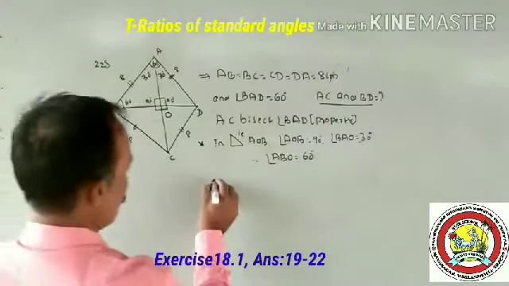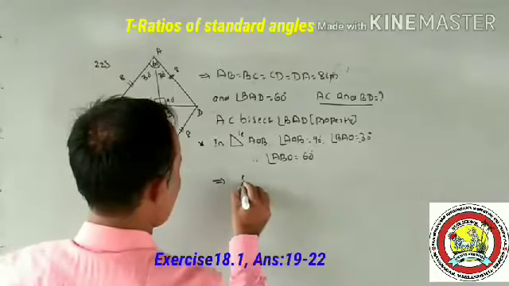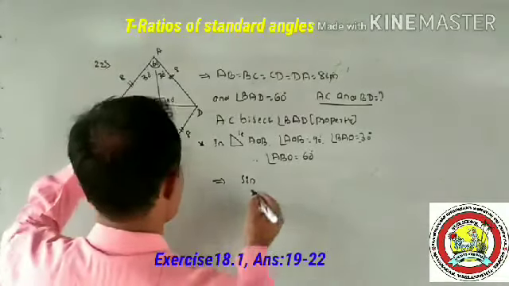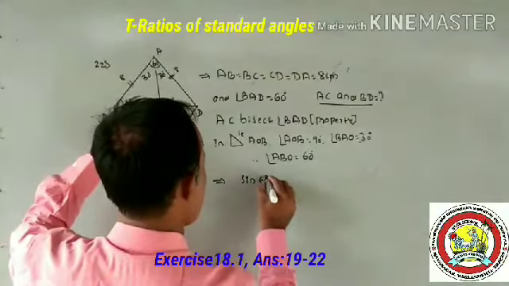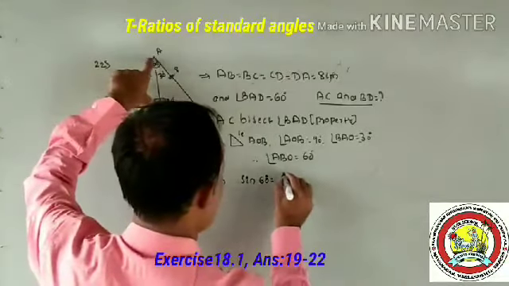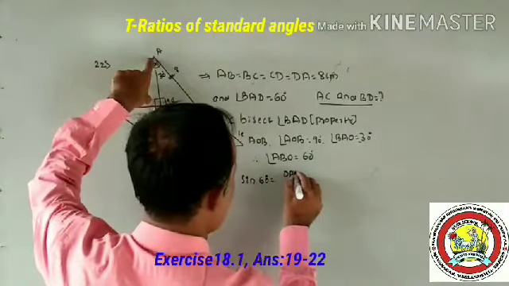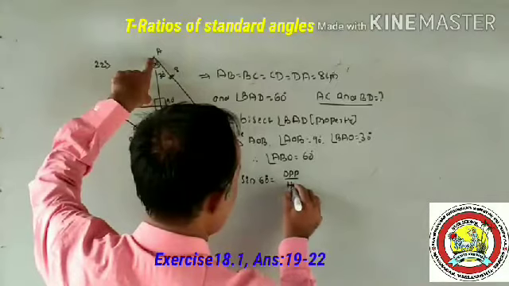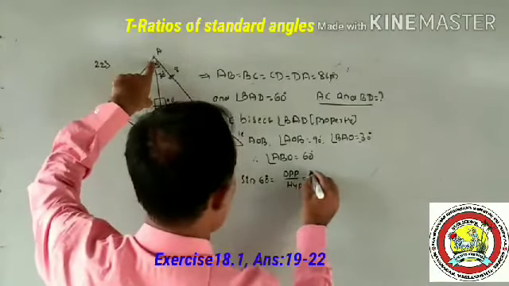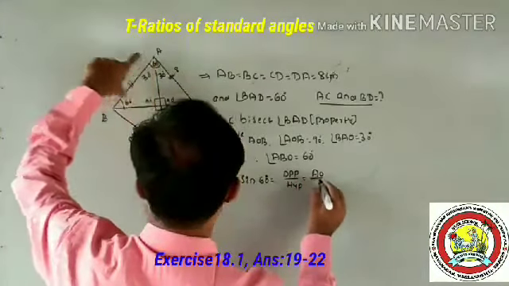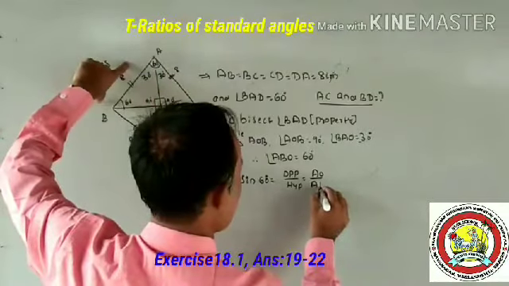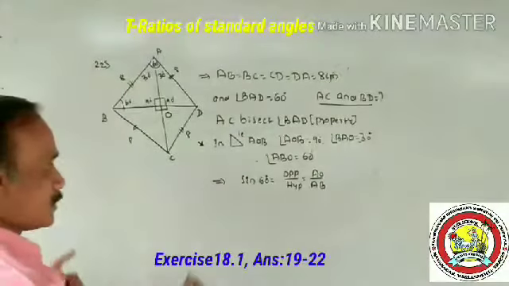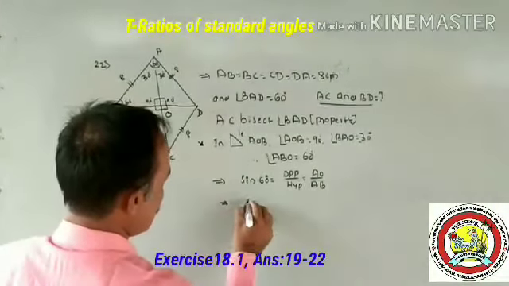Again, apply the trigonometric ratio: sin 60 degrees is equal to opposite divided by hypotenuse. Opposite is AO, hypotenuse is AB. What is the value of sin 60?